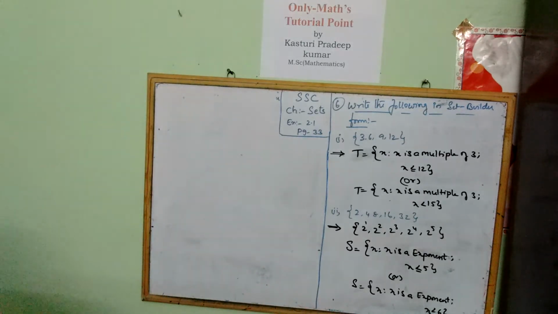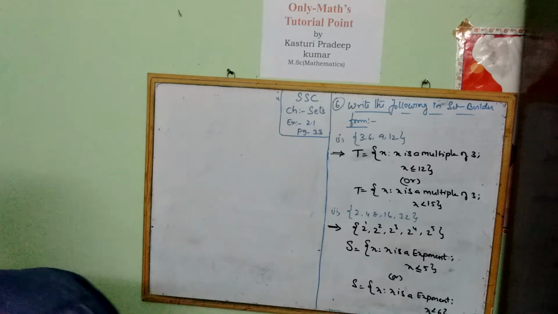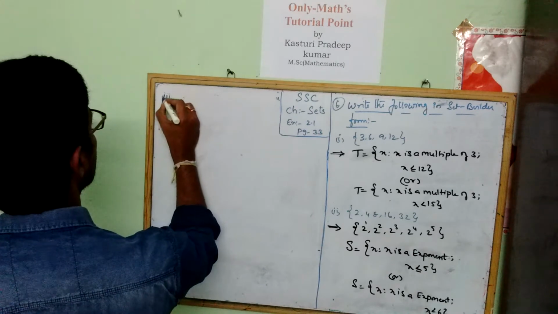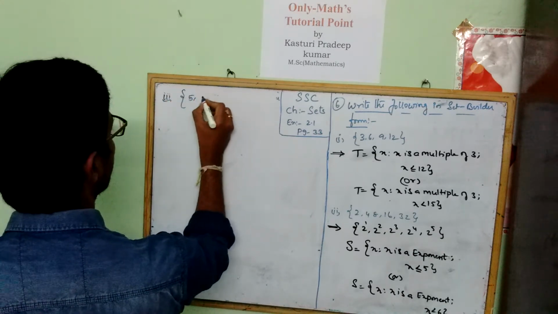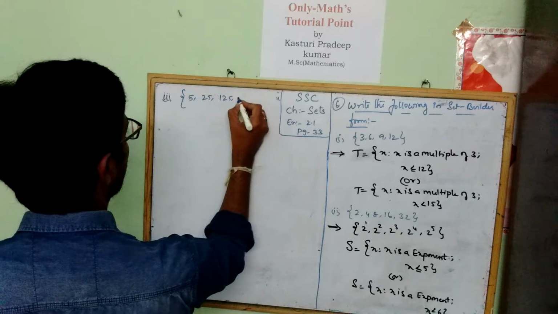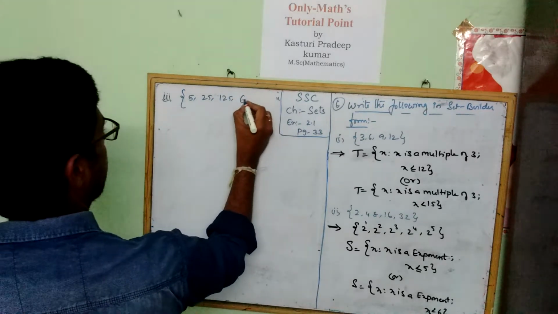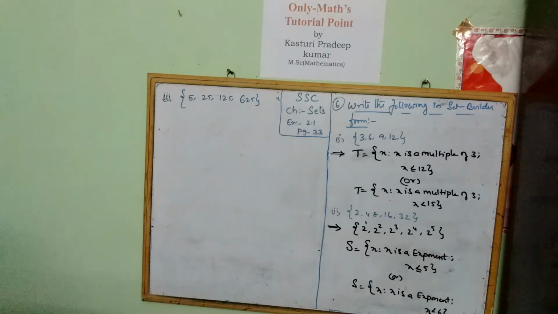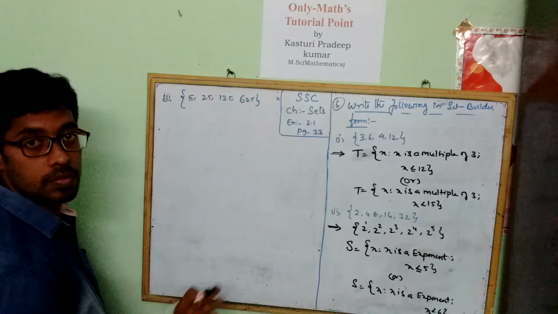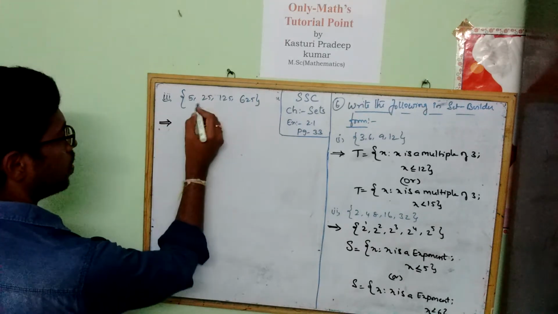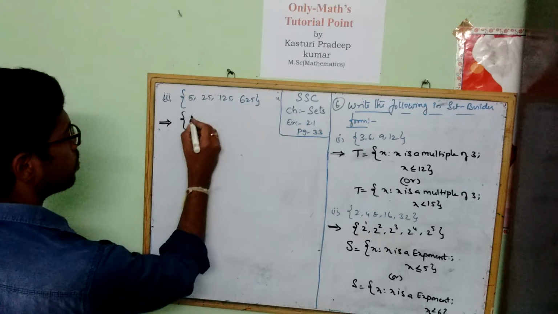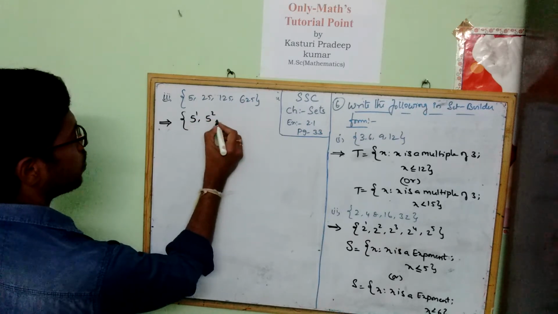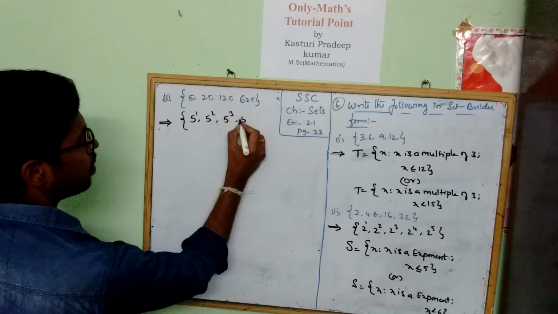What is the third one? 5, 25, 125, 625. Now this is also exponential form. 5 power 1, 5 square, 5 cube, 5 power 4.